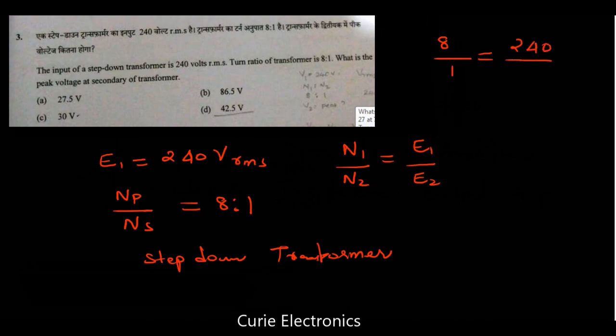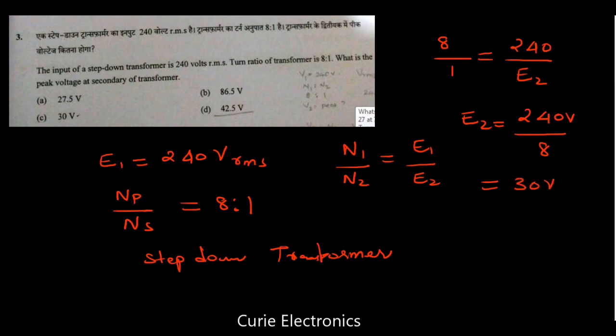E2 we have to find out. So E2 equals, if you cross multiply, 240 volt RMS divided by 8. So what is the value? You will get 30 volt.